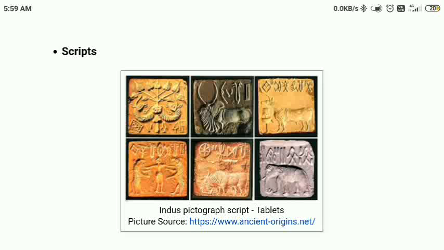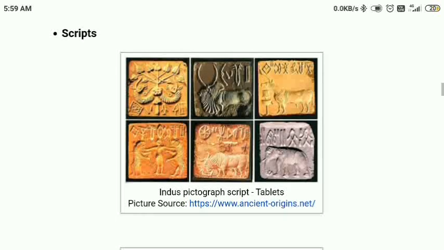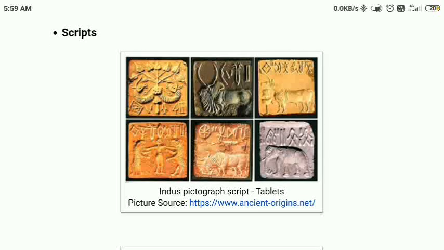We will talk about these scripts again, so don't worry about it. So as of now, you just understand that script is any system where they used symbols and signs, and using those symbols and signs, they communicated. We have already talked about communication, so you can understand that scripts were helping them in communication.